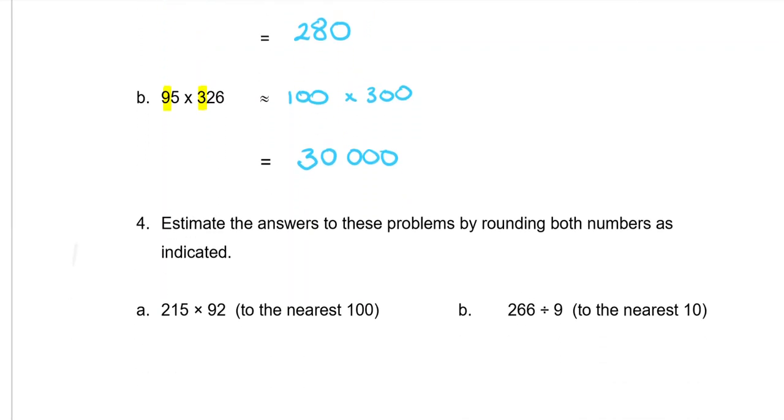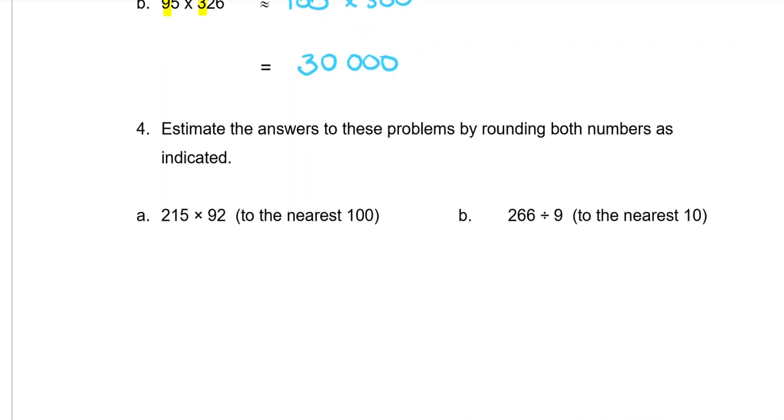Okay, question 4. Estimate the answers to these problems by rounding both numbers as indicated. So we're not doing the leading digit. This one we're rounding to the nearest 100. So 215, the 2 is in the hundreds position. The 1 will round down.